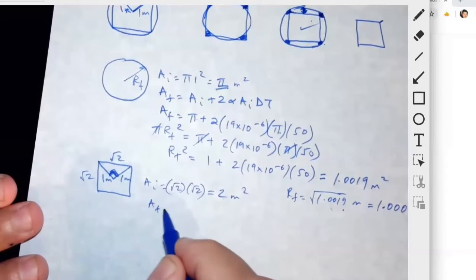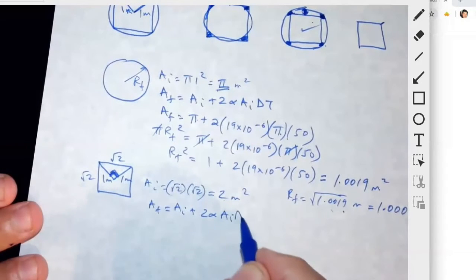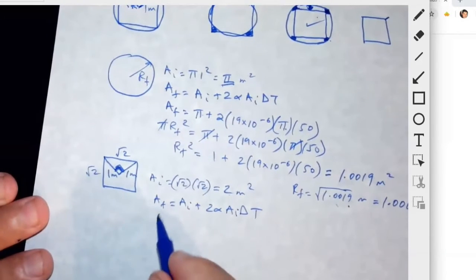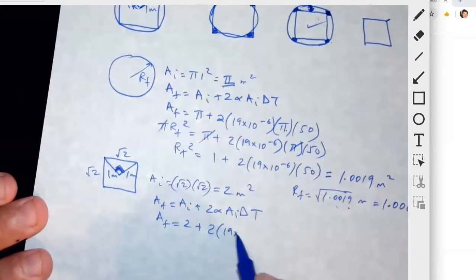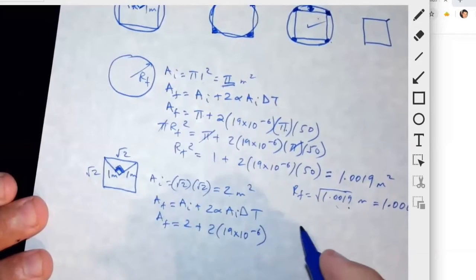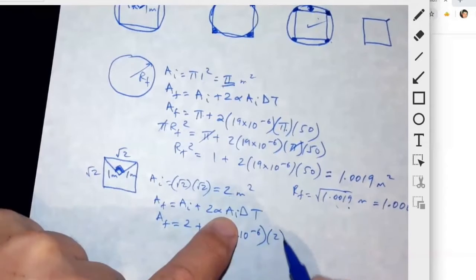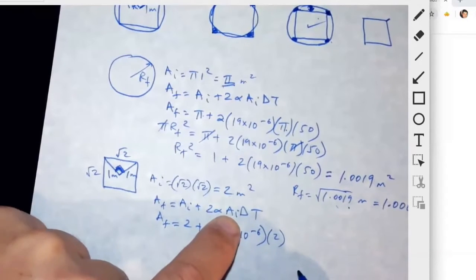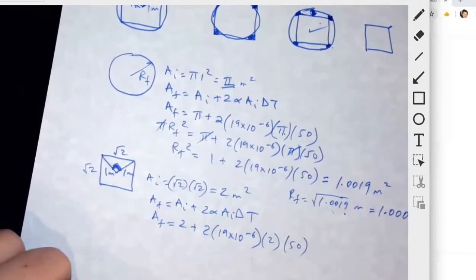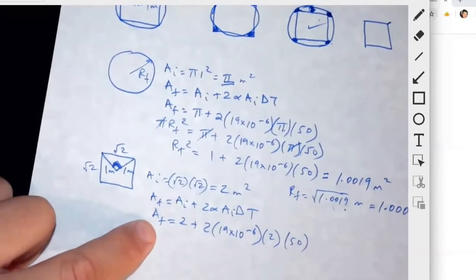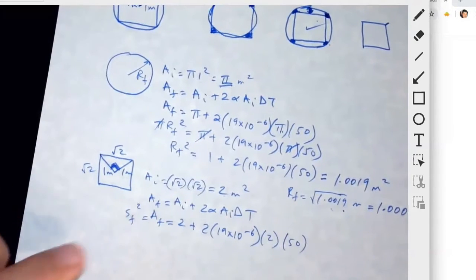A final is A initial plus 2 alpha A initial delta T. A final is 2 plus 2 times 19 times 10 to the minus 6 times 2 times 50, right? And then that's going to equal the final area, which is the final side squared.